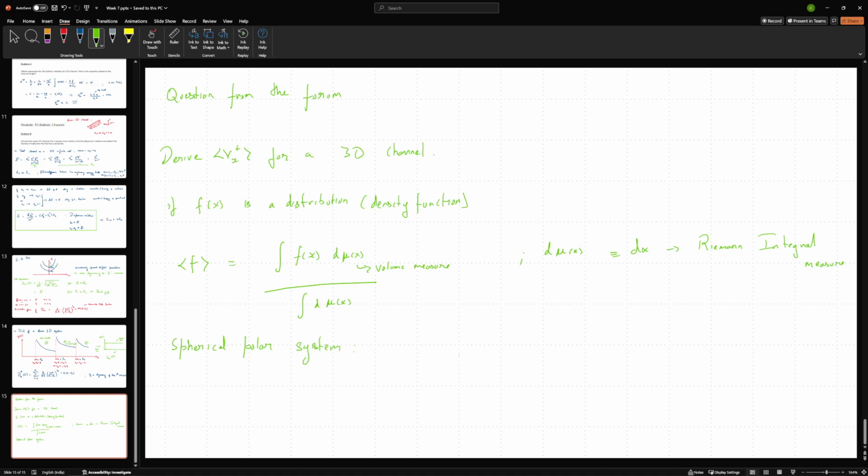Now here, even before I start deriving this quantity, let me just clarify one or two things. In a spherical polar system, the primary axis of relevance is of course the z-axis.